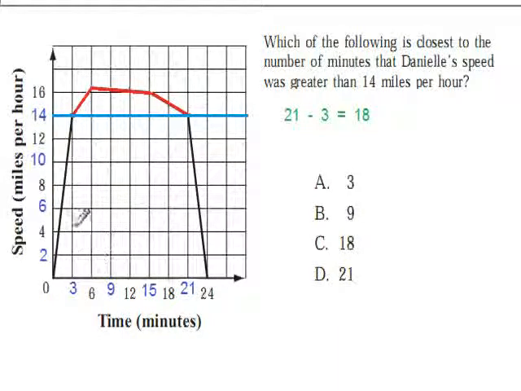So the time in minutes that she went over 14 miles an hour is 21 minus 3, because here's the speed line where she drops below. So if you take 21 and subtract 3, you're left with 18, right? 18 minutes. So for 18 minutes, Danielle traveled above 14 miles an hour. And if you look, right here, choice C is that.